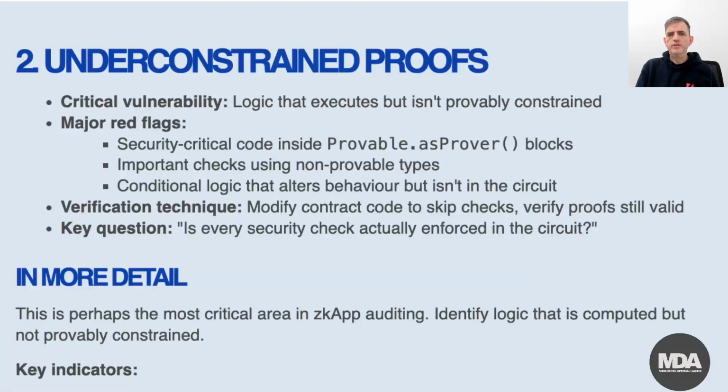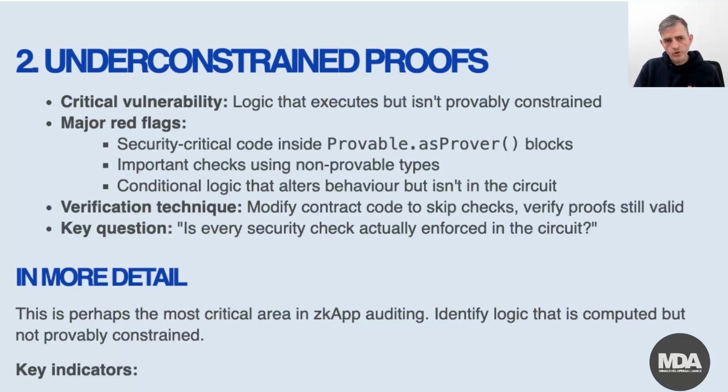I want to turn now to what I think is the most important area when looking at security in Mina, and that is the concept of under-constrained proofs. Now this can be a critical vulnerability, and in effect what it is, is logic that is going to execute but isn't provably constrained.